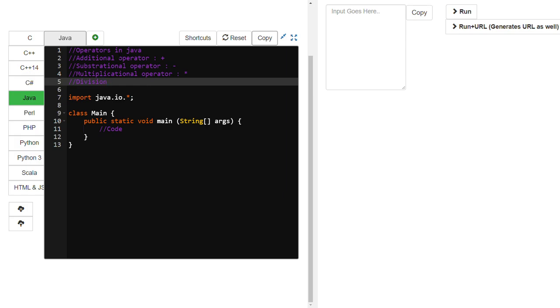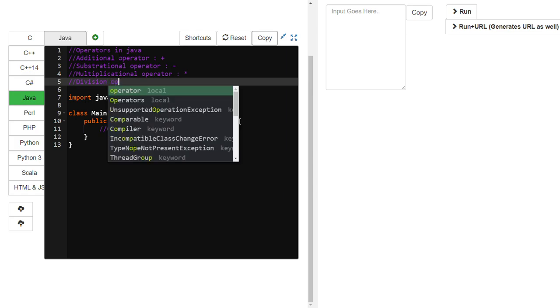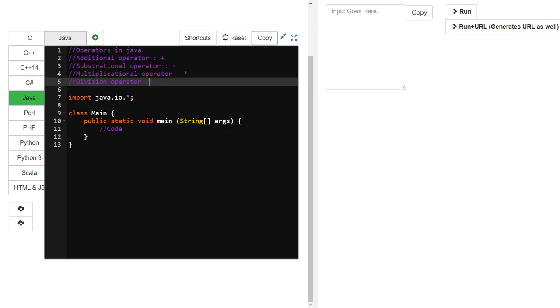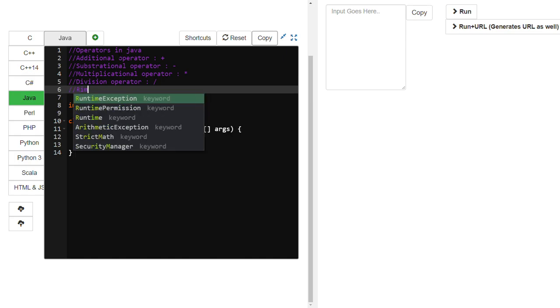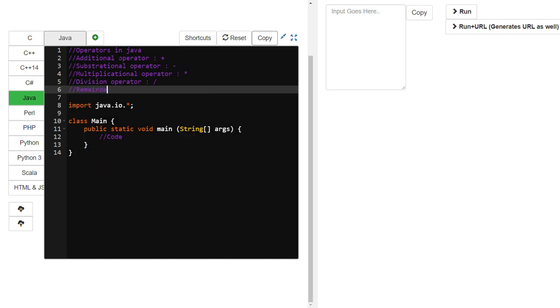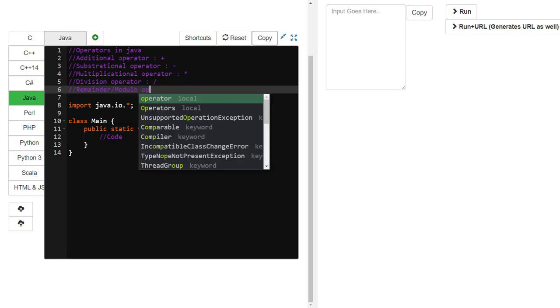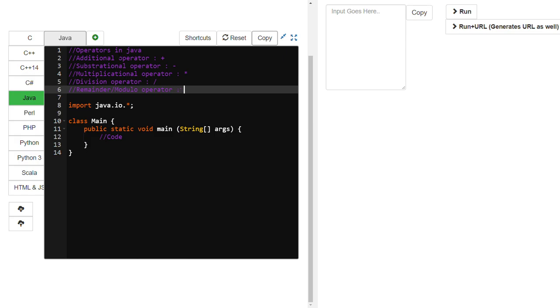Division operator is denoted by slash. Remainder or modulo operator is denoted by percent.